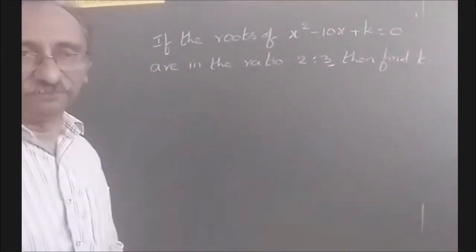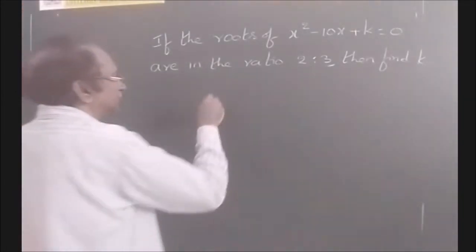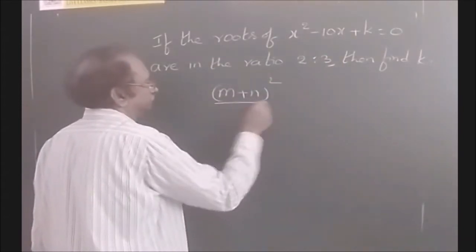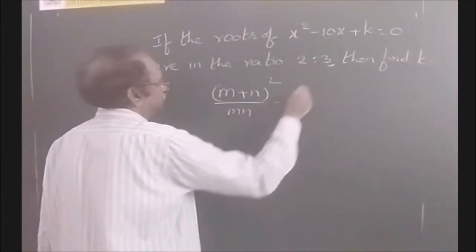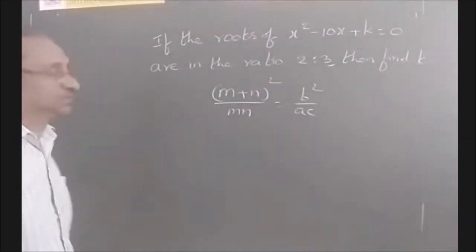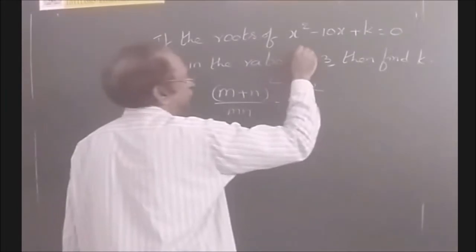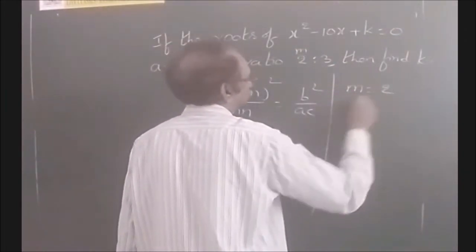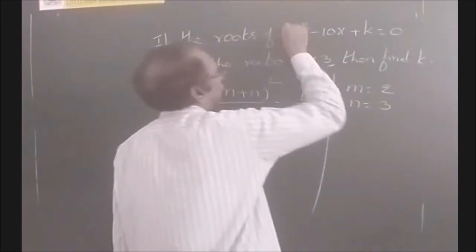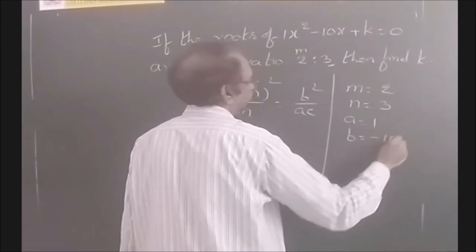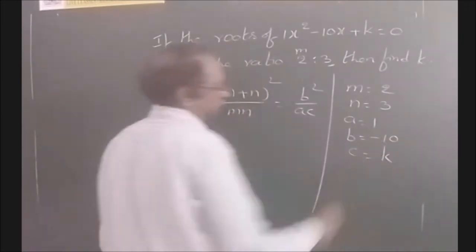the value of k. Or if you remember well the formula that (m plus n) whole square by mn is equal to b square by ac. So what is m? This is m. So what are the values of m and n? m is 2, n is 3. What is a? a is equal to 1, b is equal to minus 10, c is equal to k.